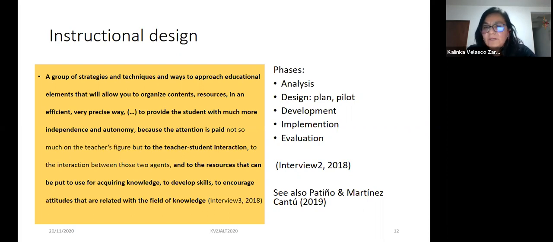From another interview, the following phases of instructional design were identified: analysis, design, development, implementation, and evaluation.